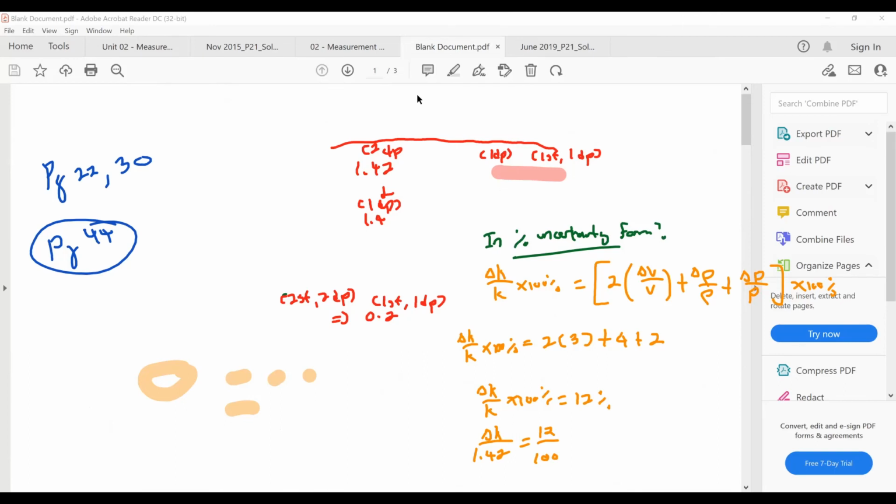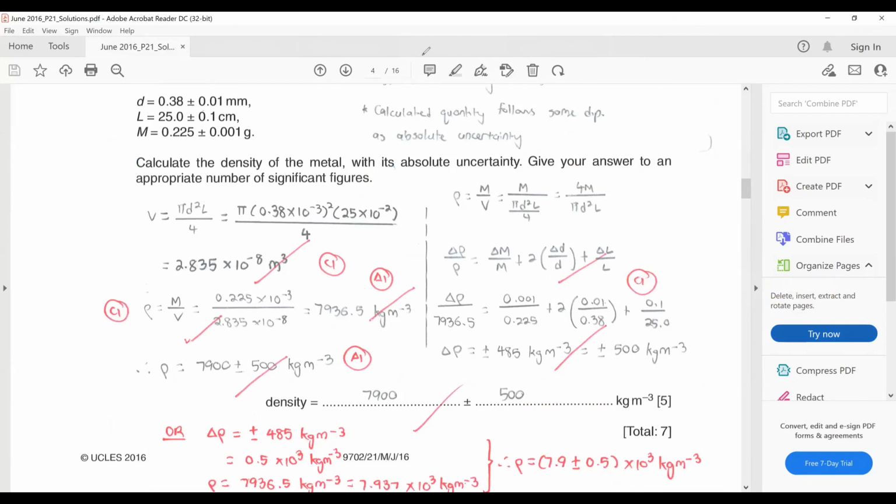They asked you to find the measured final value, then the absolute uncertainty, all within one same question. But the current one that you're doing now, they've actually split up the question already.